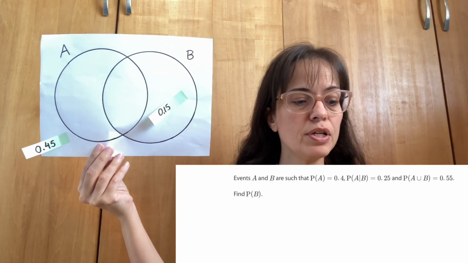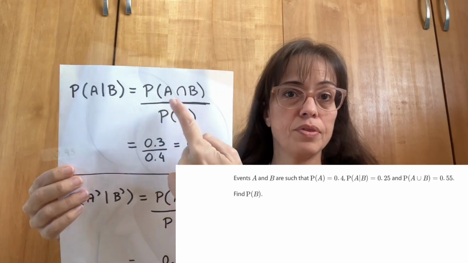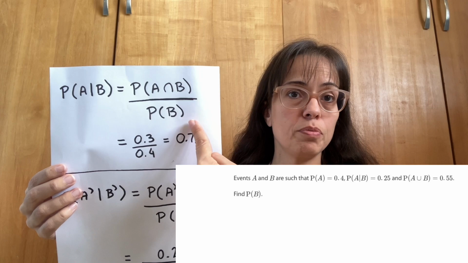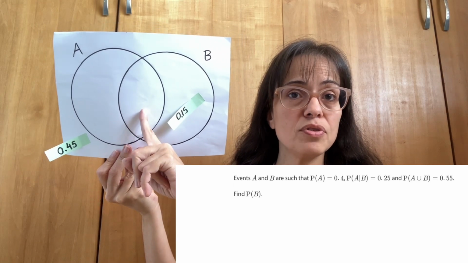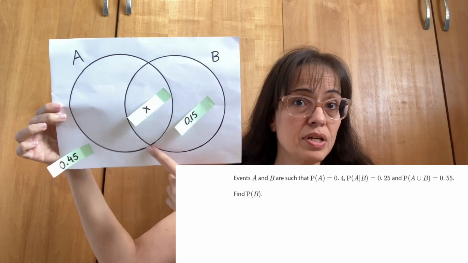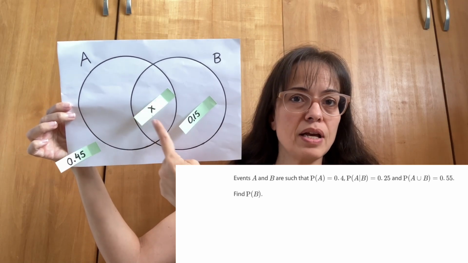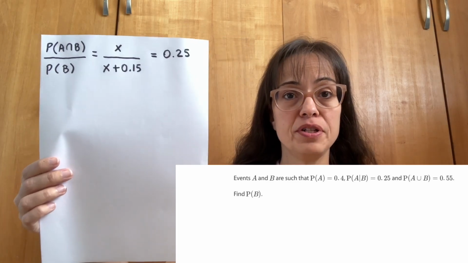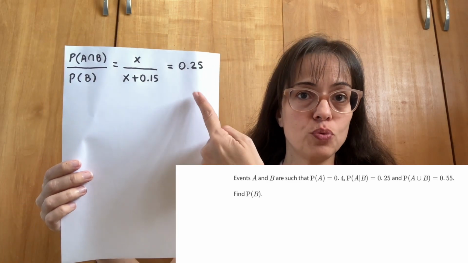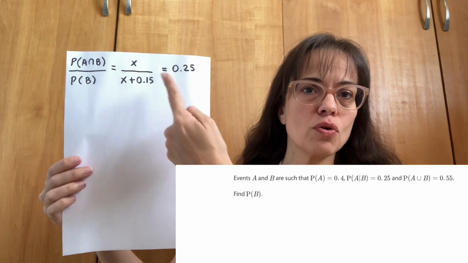It's the probability of A given B. So I am going to need the intersection and the probability of B. I don't have either one of those things, but if I call this one X, which is the intersection, now the probability of B is automatically X plus 0.15. You put that into the formula and it needs to be equal to the 0.25 that was given as the conditional probability. And now you just solve this equation.